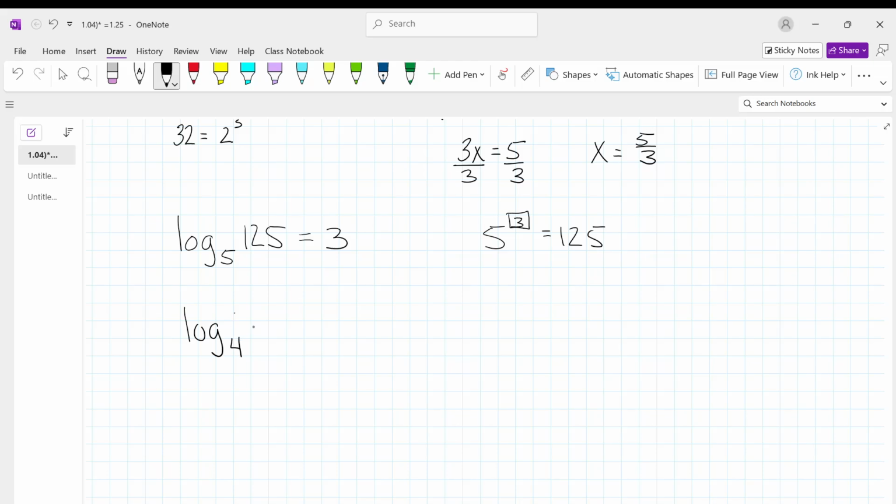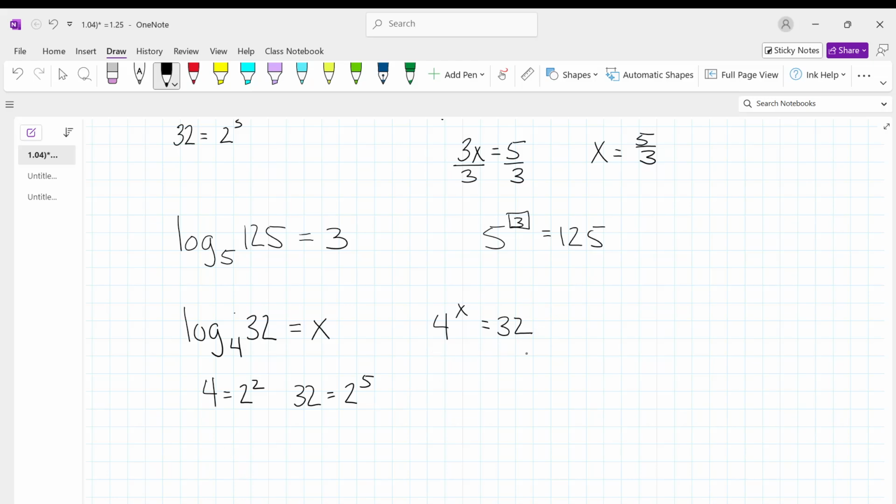Log 4 of 32. All right, this is very similar to the first problem we did. So this is equal to x. So we write it in exponent form. 4 raised to the x power equals 32. The 4 can be rewritten as 2 squared, and the 32 can be rewritten as 2 to the fifth.